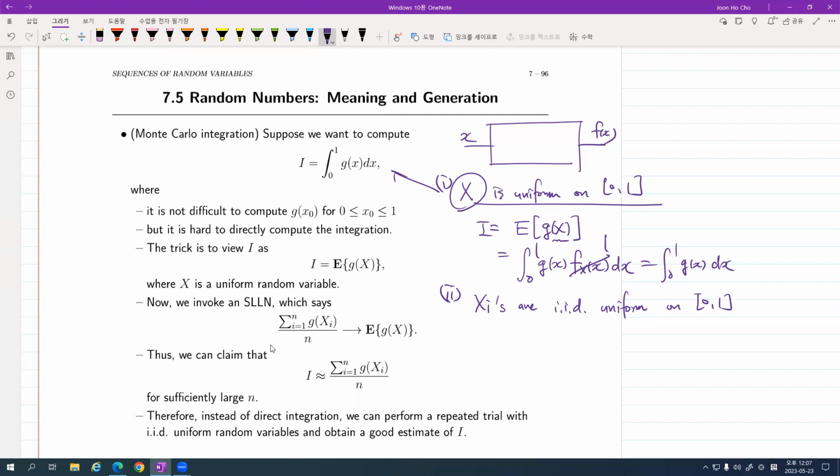Whenever you push the button, it generates independently, taking a sample from the uniform 0, 1 distribution. And what can you do? From the law of large numbers, the expectation of g(X) can be the limit of the arithmetic average of g(x1) plus g(x2) plus ... up to g(xn). Or let me use lowercase.